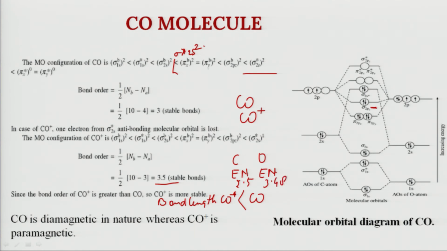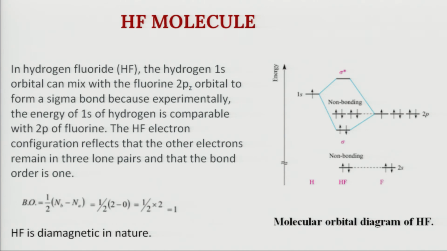So this molecule is highly skewed, and sigma star 2s gets so destabilized that it is written above sigma 2pz as well. For this reason, the CO molecule has a lot of importance, and therefore it is written in this manner.